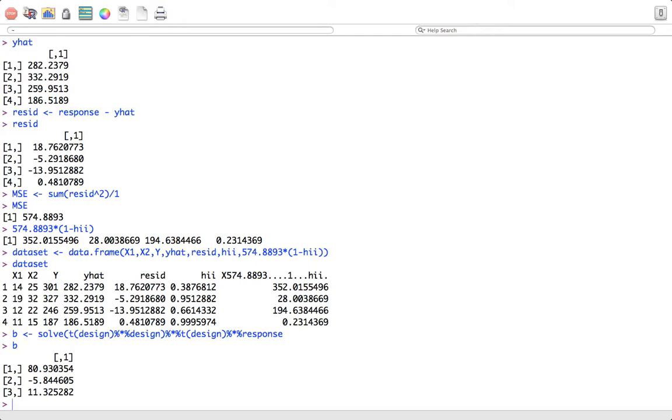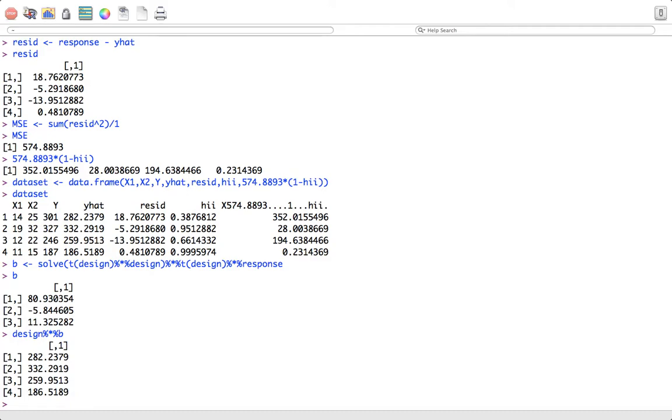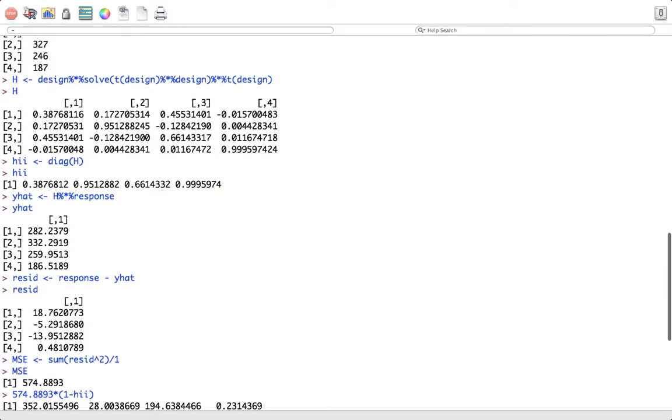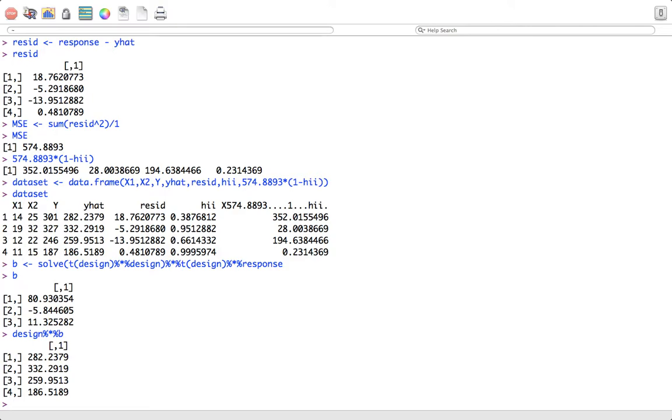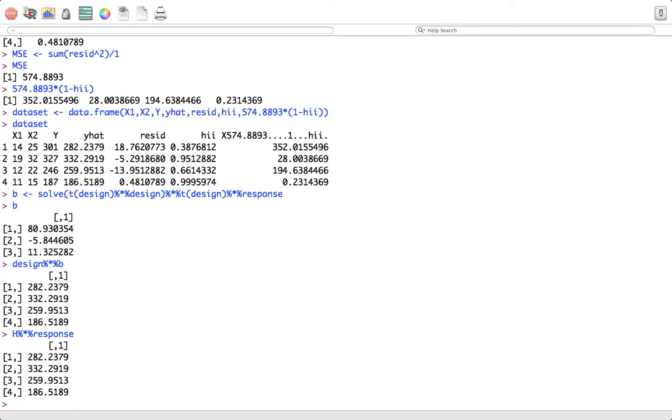So if I take my design, did I capitalize that? No, I didn't. So our design times our beta. And if we take our hat matrix, what did I call that? H, times our response, which is our Y, you'll see that we get exactly the same thing. All right, so I think that's kind of cool. I don't know about you, but I think it's kind of cool.